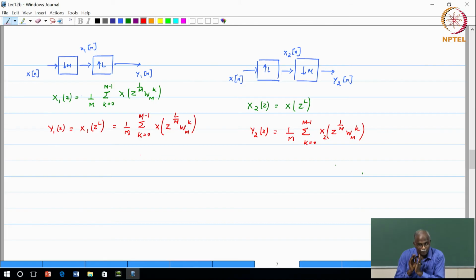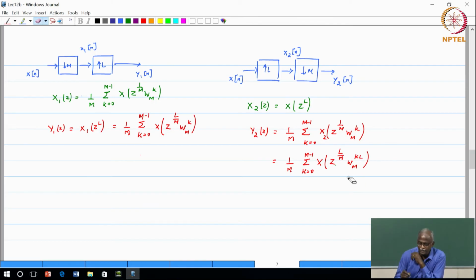So, the operation now, please pay close attention, the argument is z power 1 over M W_M^k. X2 of the argument is X of the argument raised to the power L. So, this becomes 1 over M summation k equal to 0 to M minus 1, X of z power L over M, W_M^(kL).